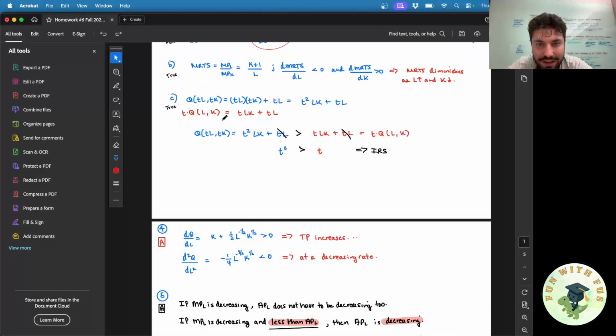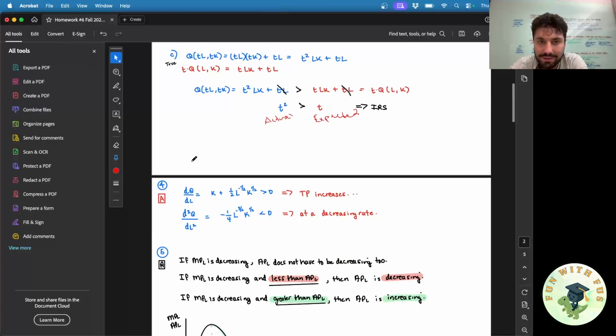And in their case, when they simplify, it seems like we got a T squared. And remember, this is what actually happened, and this was what was expected if I just scaled it all by the same stuff. What actually happened was better than what I expected. So that's increasing returns to scale. And that's how I would do it.